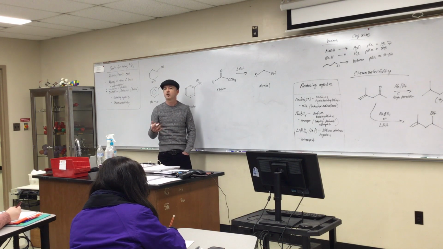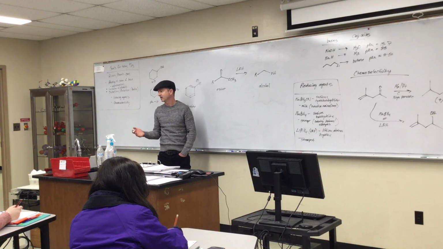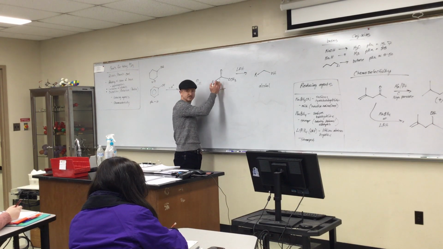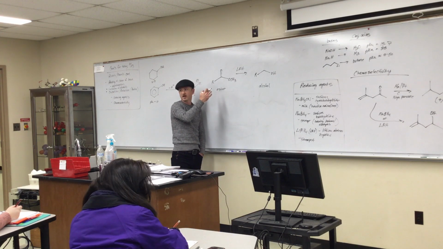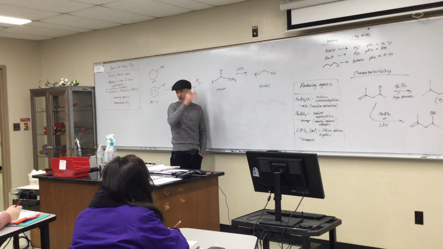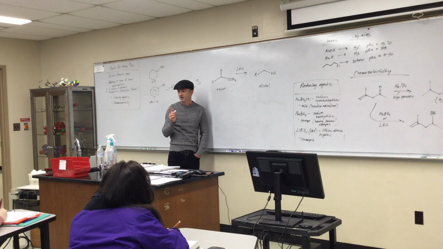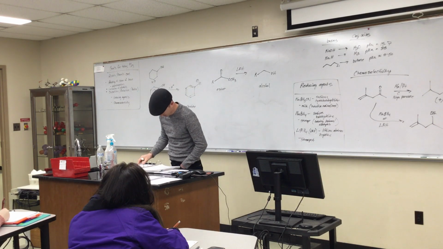You don't get the carboxylic acid as an intermediate. You can't stop it there, okay? So again, the reason why I was saying it's more promiscuous is essentially because you can reduce ketones, you can reduce esters, you can reduce aldehydes, okay? It works on a lot of things, okay? Whereas sodium borohydride, because it is a little more mild, it's actually a little more selective.